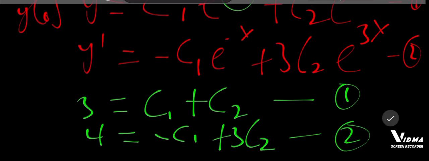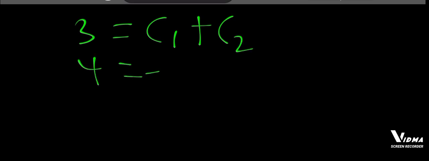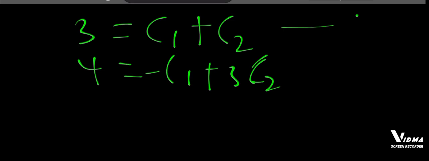So let me go to the next page and write them well. So 3 is equal to c1 plus c2, and 4 is equal to negative c1 plus 3c2. So equation 1, equation 2.